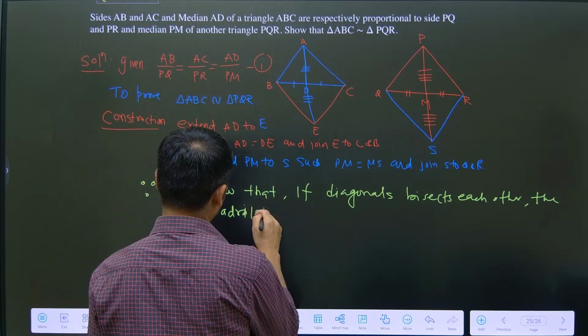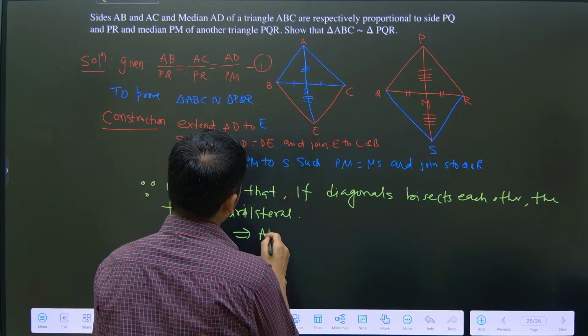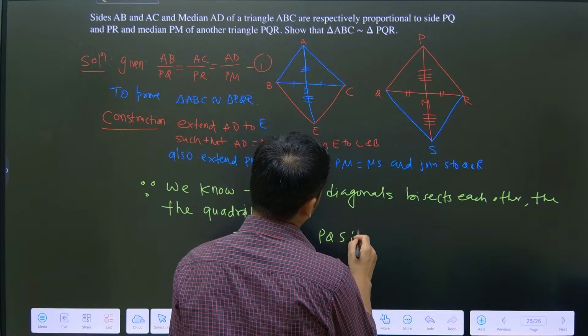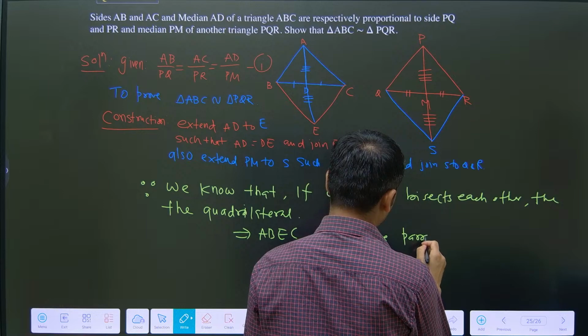Quadrilaterals ABEC and PQSR are parallelograms.